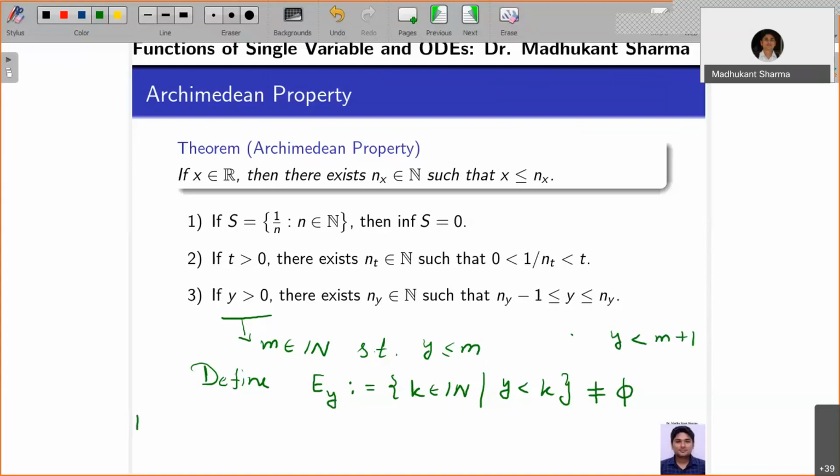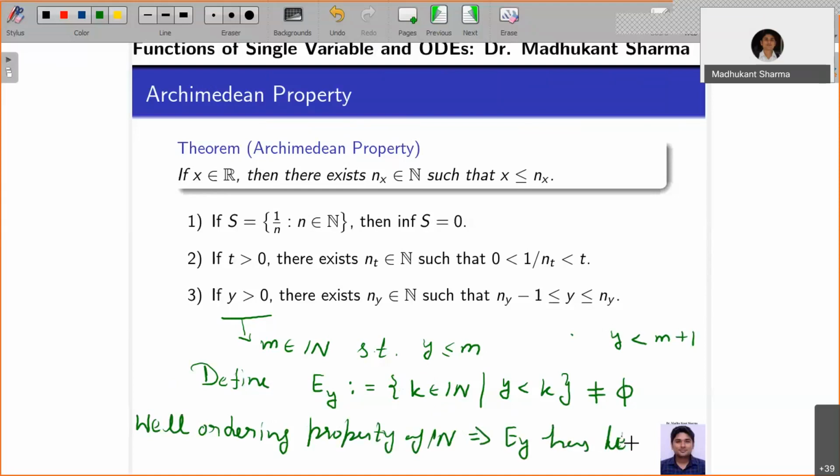So the well-ordering property of N implies E_y has a least element. Let's say that least element is n_y.